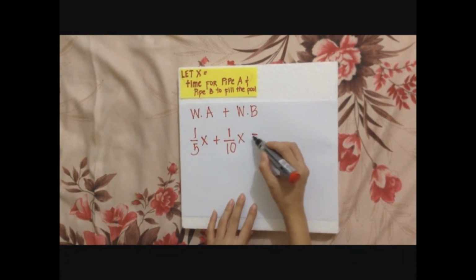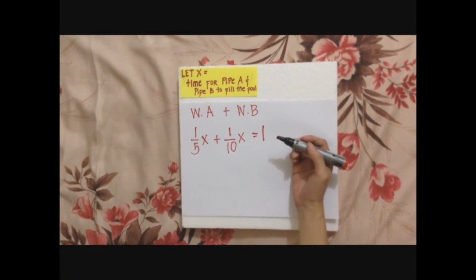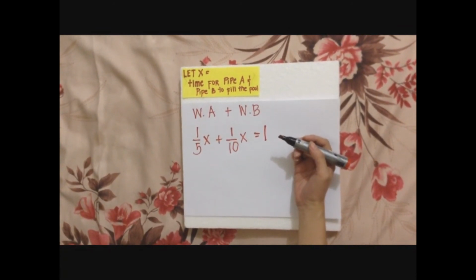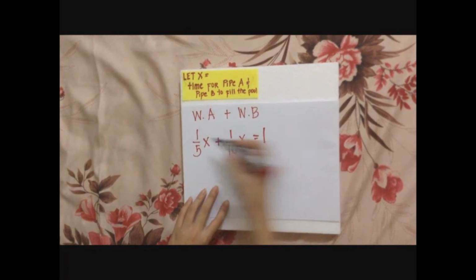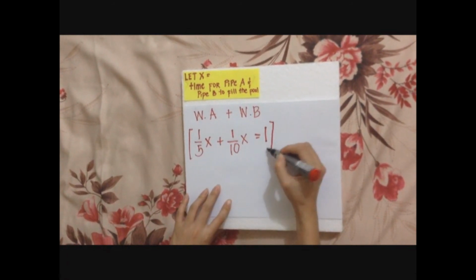And we still equate it to 1. And since pipe C is not around, the LCD will change. So our LCD for 5 and 10 is 10.